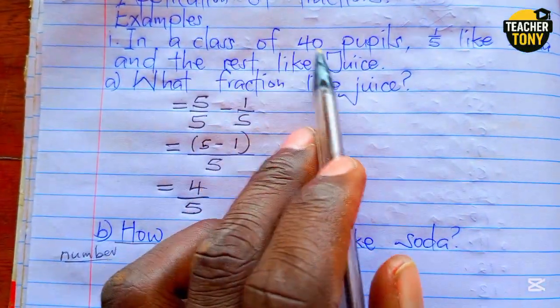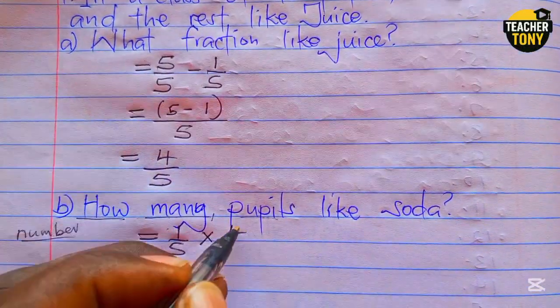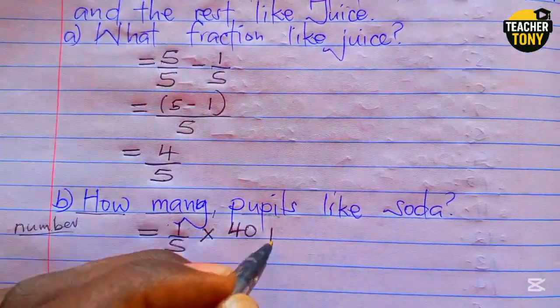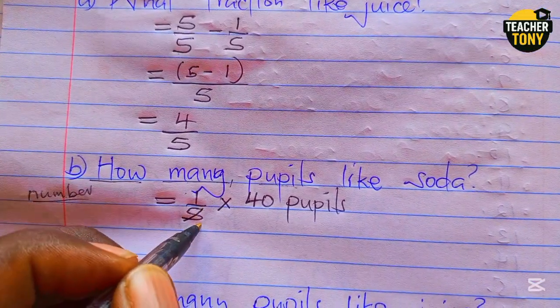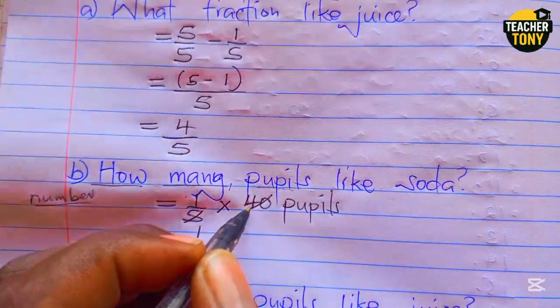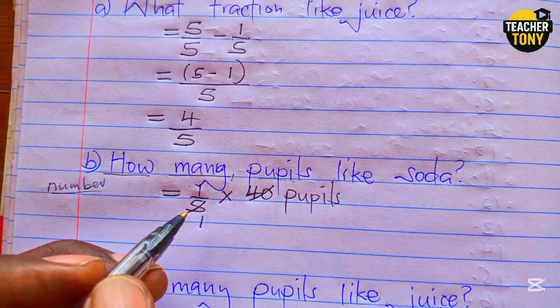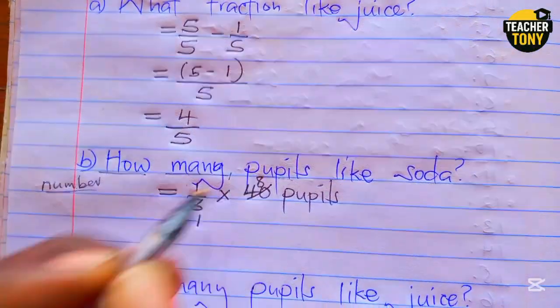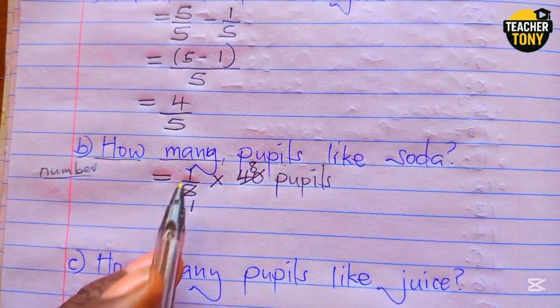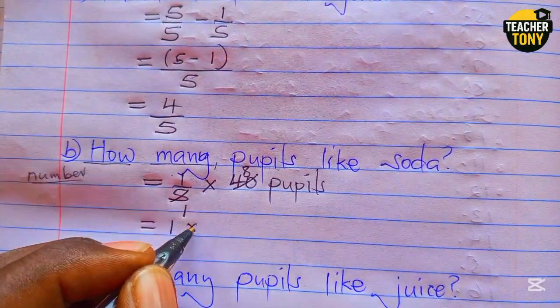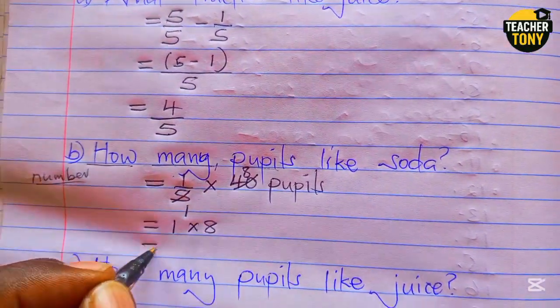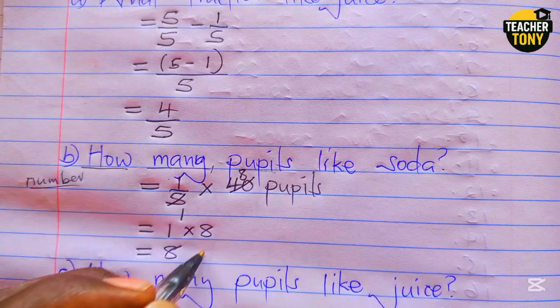So times 40 pupils. 5 divided by 5 is 1. 40 divided by 5 is 8. So now when you multiply, the numerator is 1 times 8. The answer is 8 pupils.